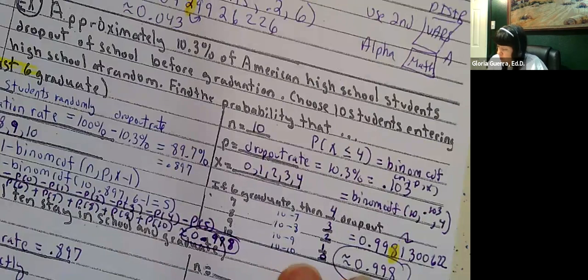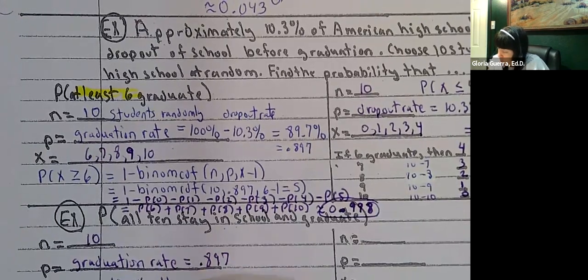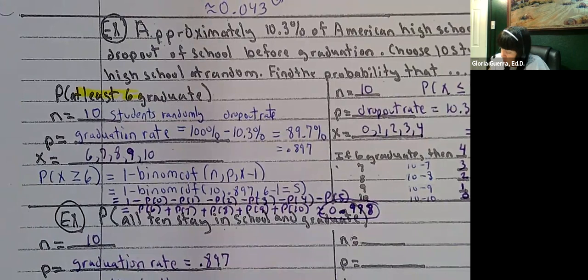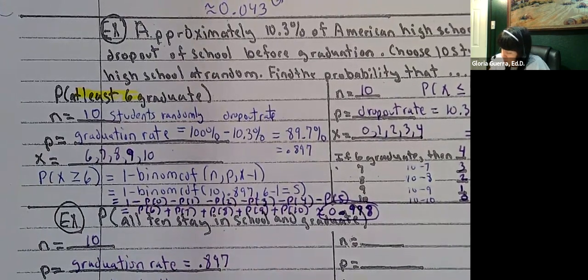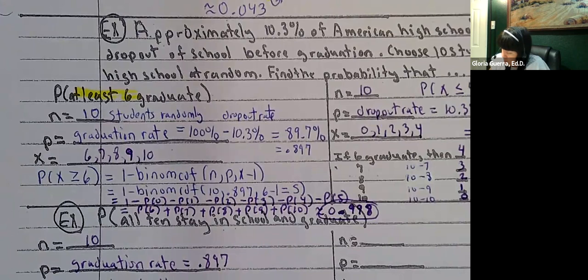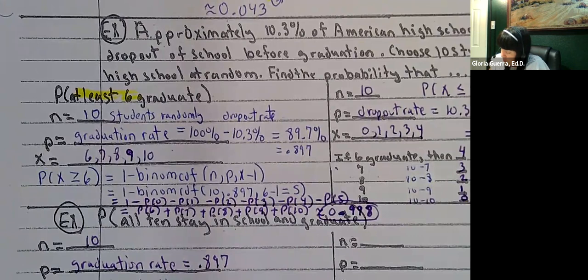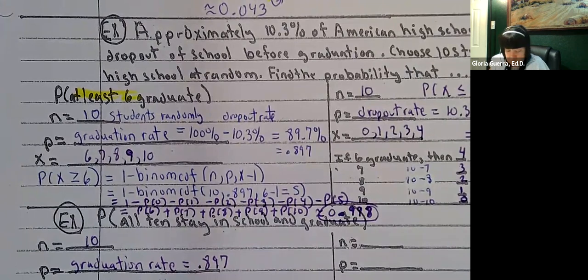So probably x is equal to 10, all 10 graduate. Binomial CDF in PX. And this 10 probably is 0.897 and x is 10.